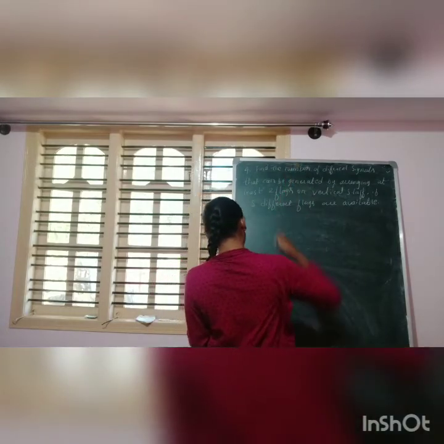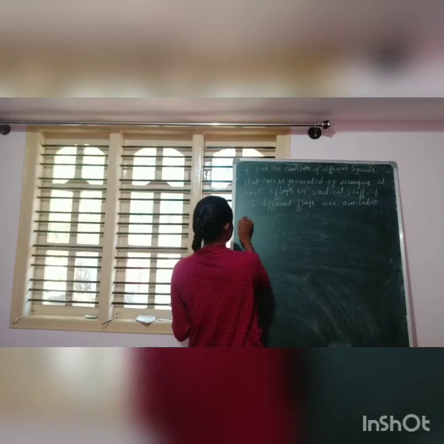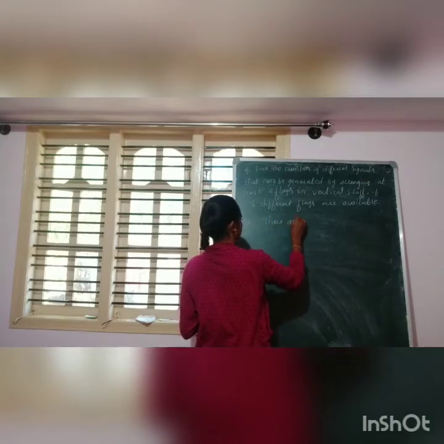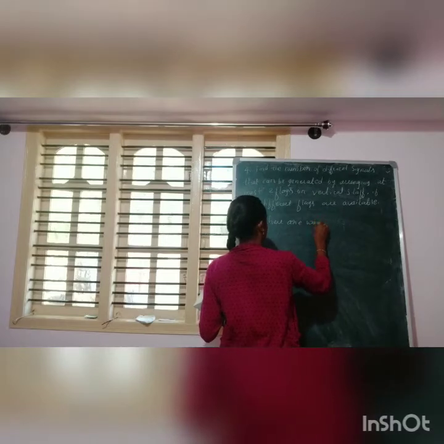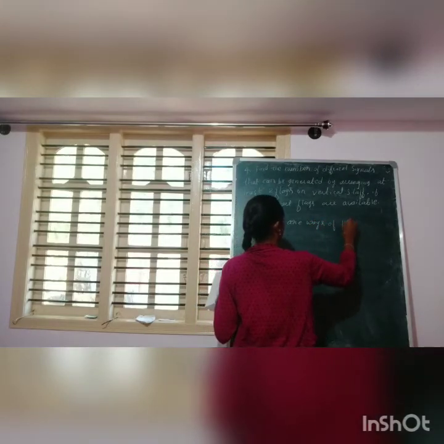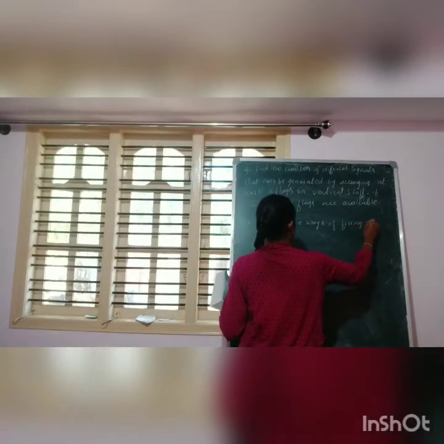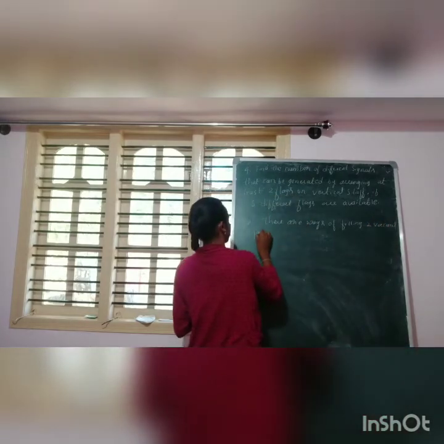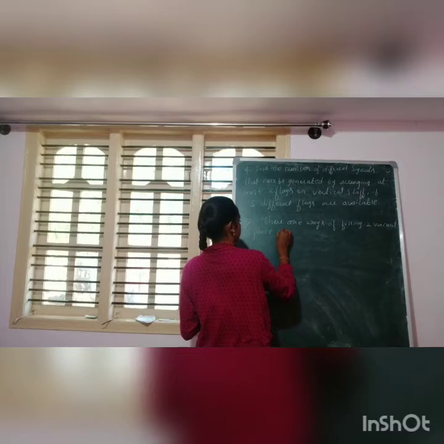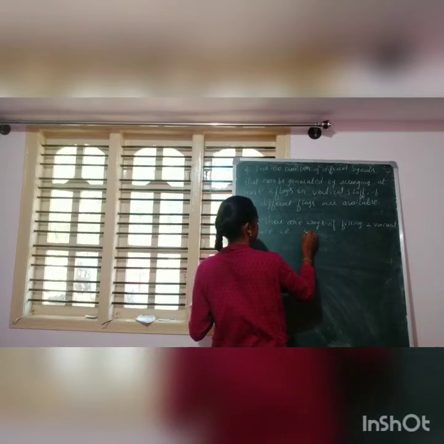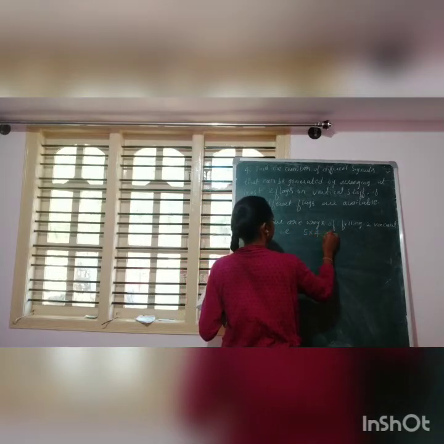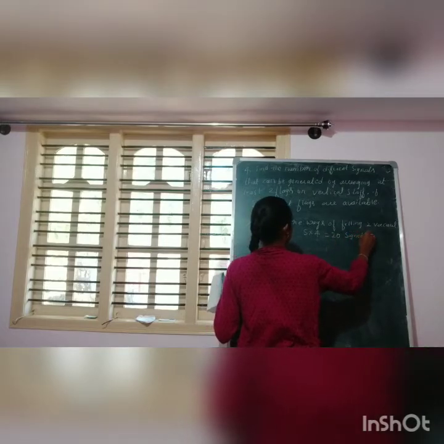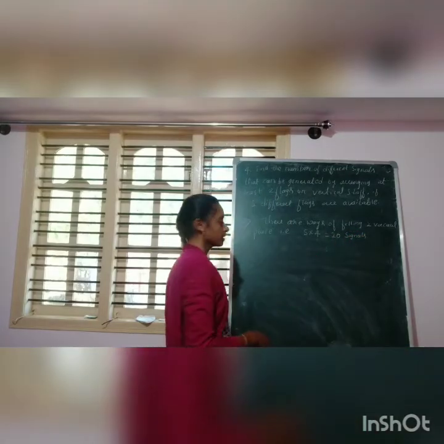So here there are ways of filling the 2 vacant places. That is 5 into 4, which is 20 signals.